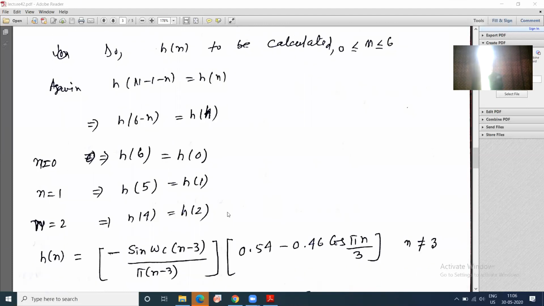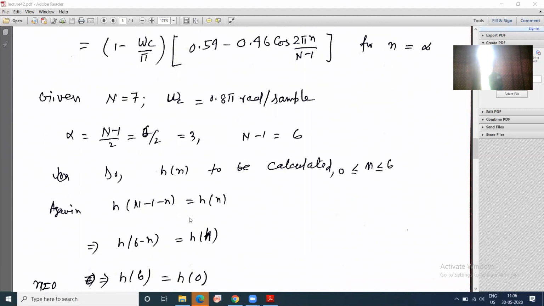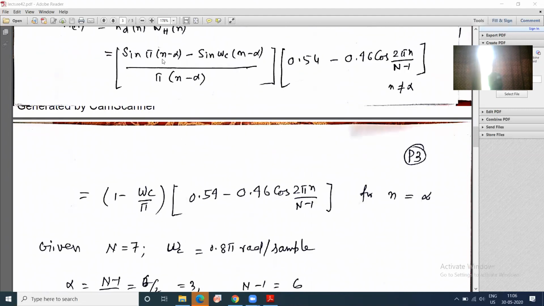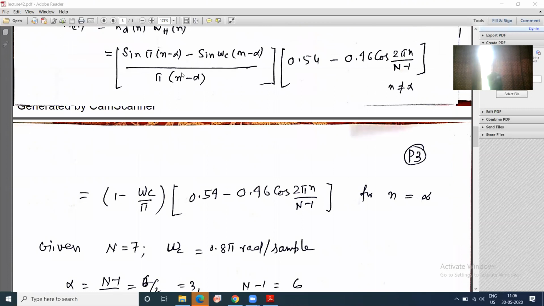Now, another important thing at this stage. In this expression, now we have estimated alpha equal to 3, and if n is also an integer and alpha is obtained as an integer, then n minus alpha, this difference, will also be an integer, and sine of pi times that is equal to 0.